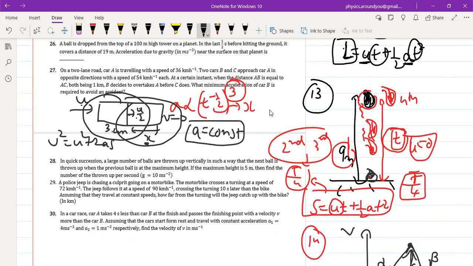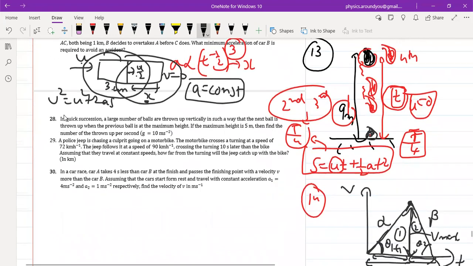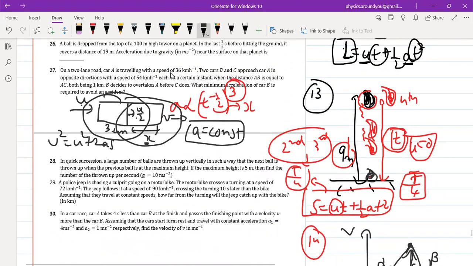Now we shall have a look at the 27th question, on a two-lane road. First, I will convert all the 36s and 54s in kilometers per hour to meters per second.